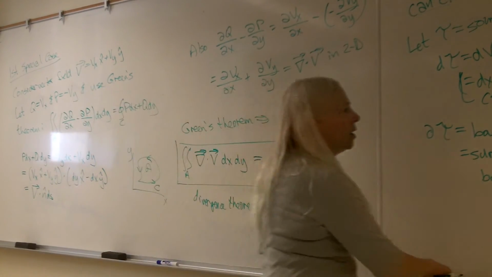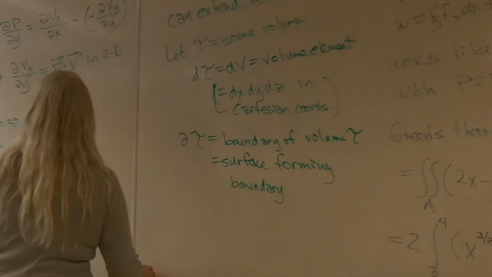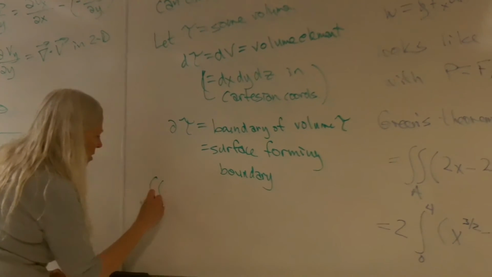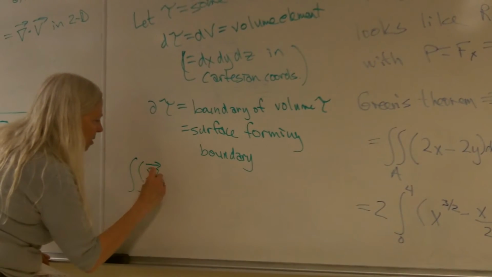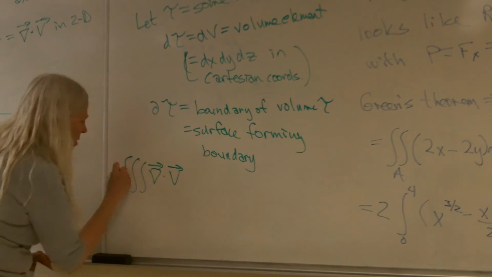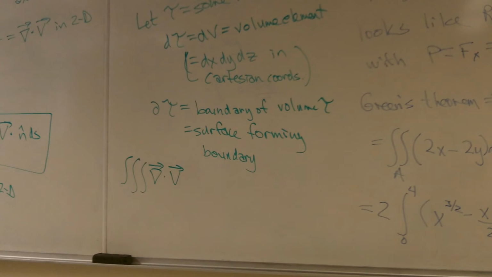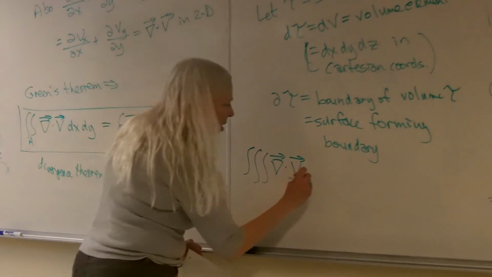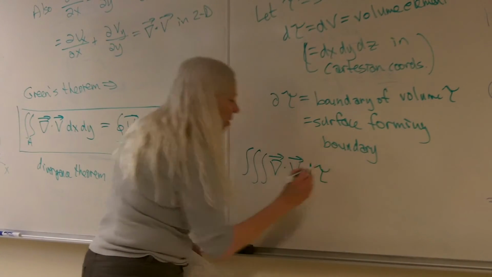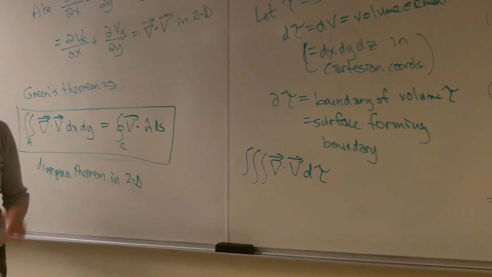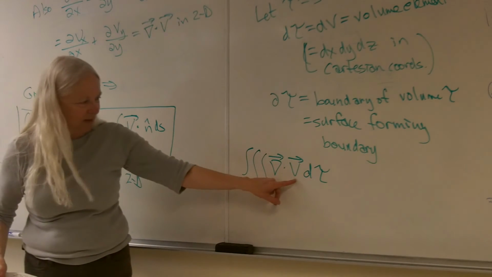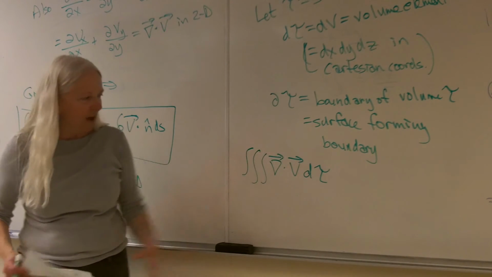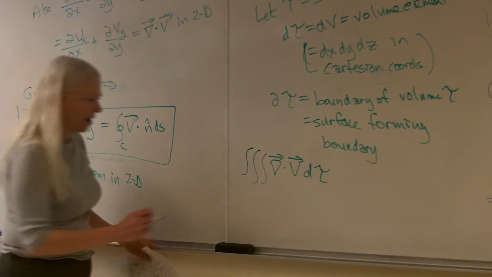So you might guess that in three dimensions, we're going to make this a triple integral now. We're going to take the divergence of V and integrate it over some volume, either d tau or dV, but again, I'd rather not write it as dV just because I'm already using V to mean the vector field whose divergence we're taking here.